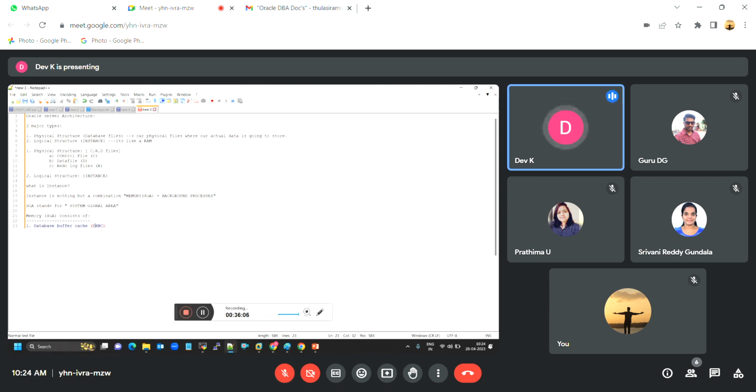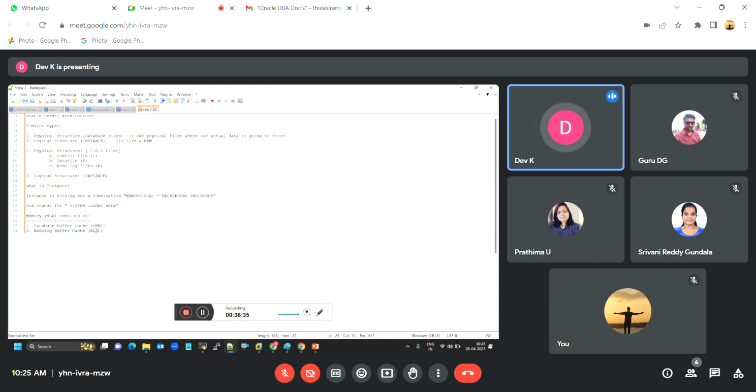DB means database, B means buffer, C means cache. The second is the redo log buffer cache, RLBC.